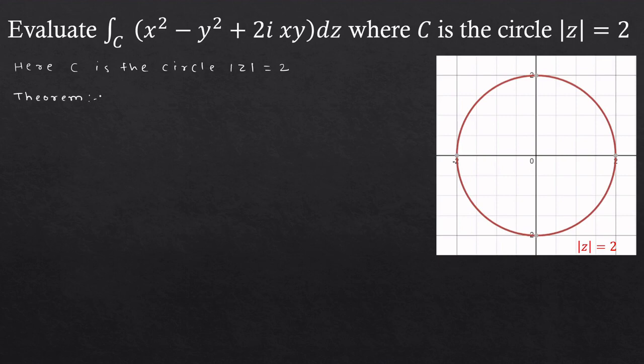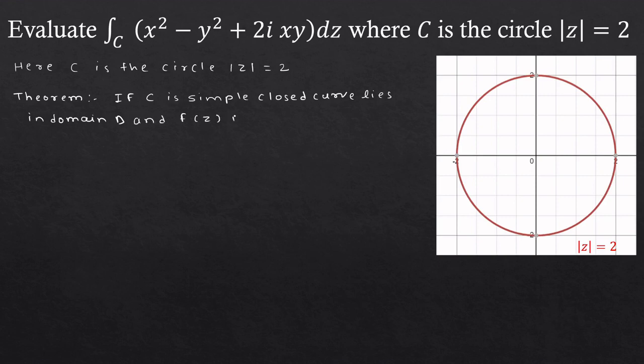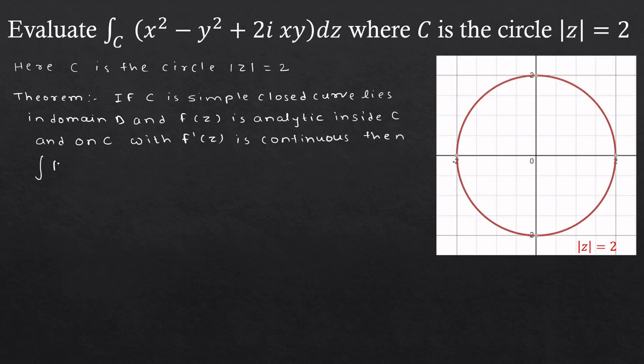Theorem: if C is a simple closed curve that lies in domain D, and f(z) is analytic inside C and on C, with f'(z) continuous, then the integral of f(z) dz over the closed curve C is equal to 0. With the help of this theorem, we can evaluate this integration.